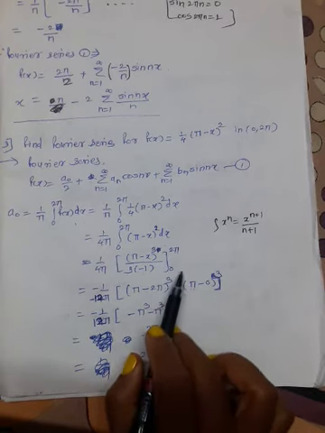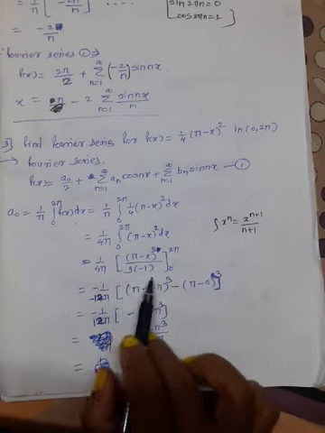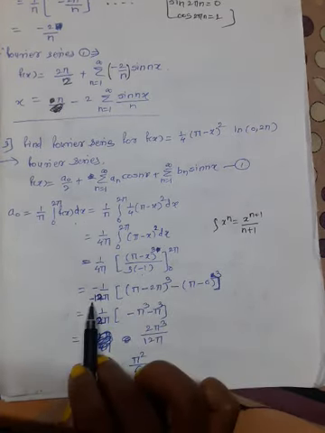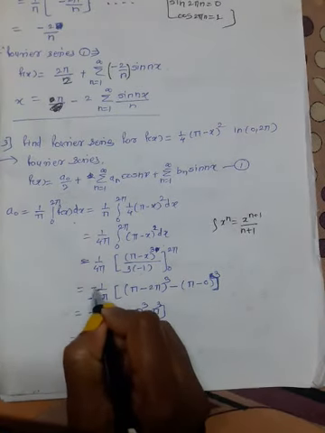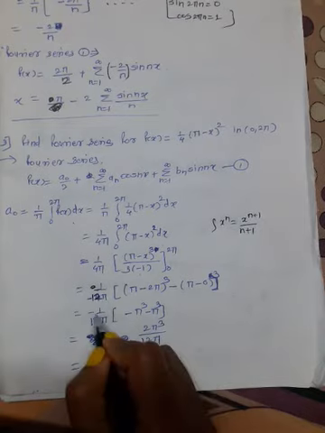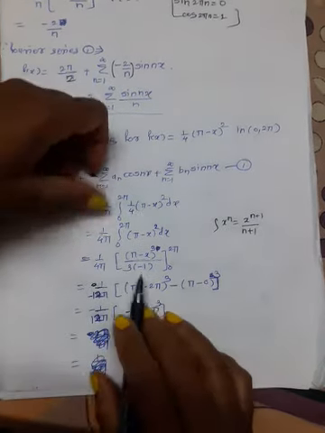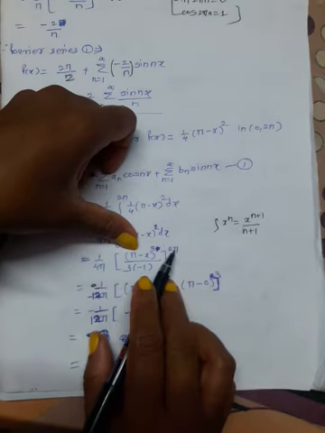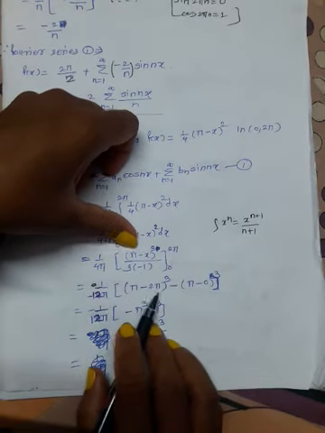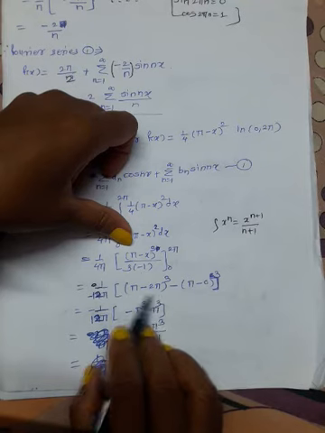Now before putting the limits we have to take the constant outside. This 4 into minus 3, minus 12 outside. Okay. Now this total take outside. Now in the numerator put x as equal to 2 pi: (pi minus 2 pi) cube. Upper limit becomes this.